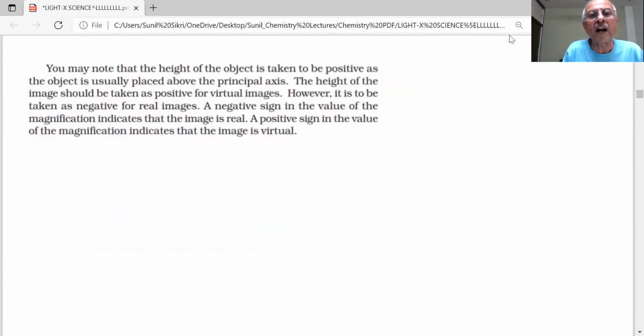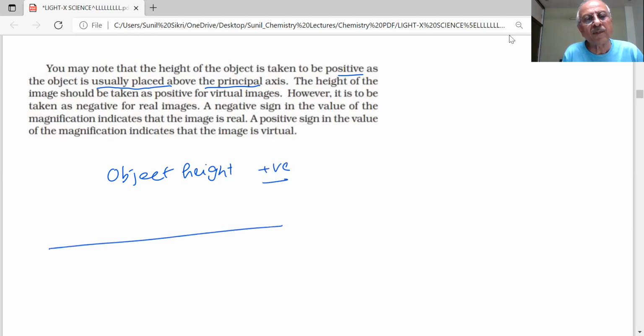So you may note that the height of the object is taken as positive. Note that the height of the object is taken to be positive as the object is usually placed above the principal axis. So object height, usually I am saying positive. Why? Because this is the principal axis. The object is always above the principal axis.